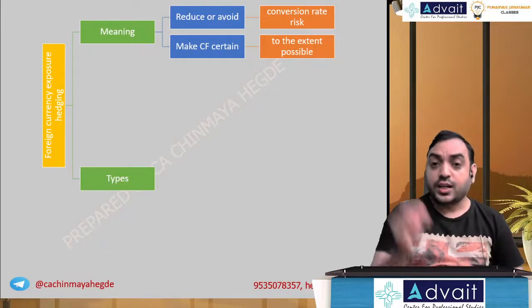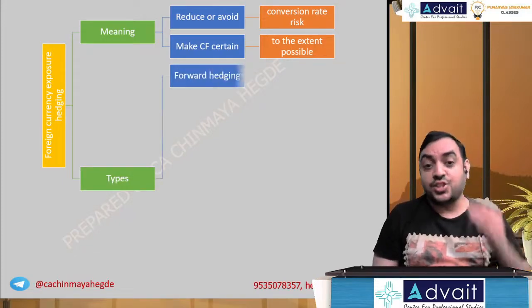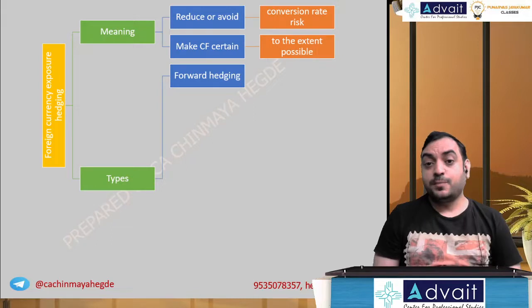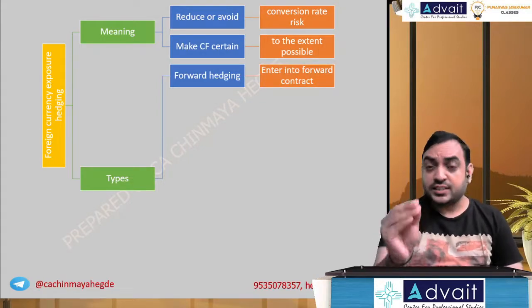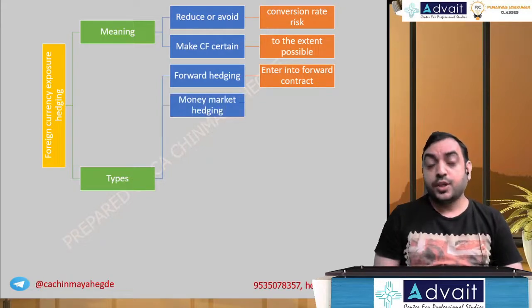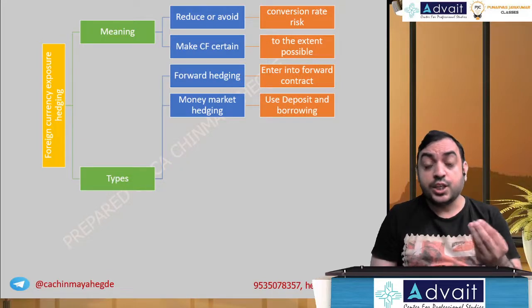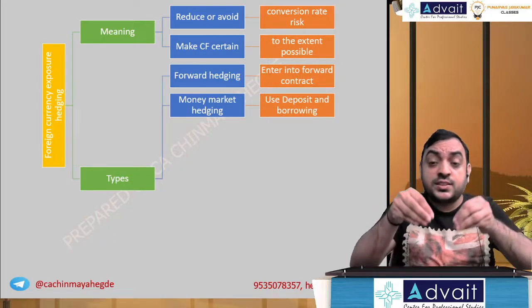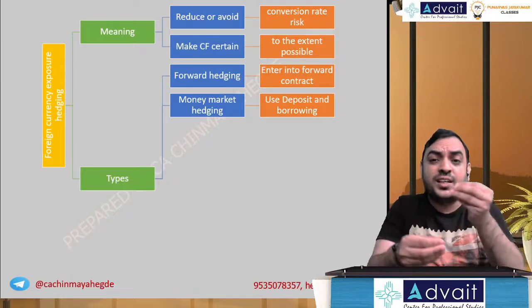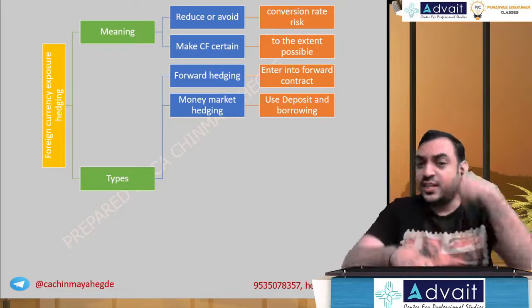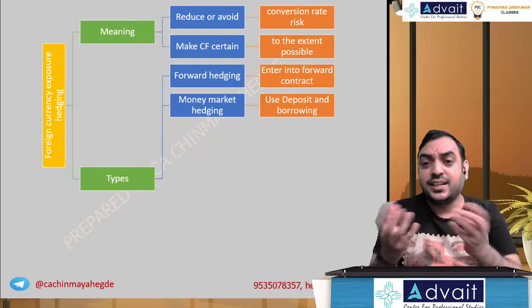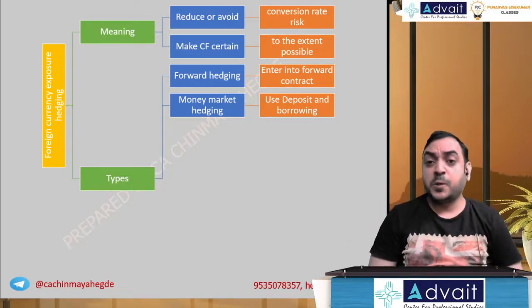Okay, now coming to the types. What are the hedging mechanisms possible? We have forward hedging, where we enter into a forward contract, simplest of all. We have money market hedging, using operations in the money market, which means deposit in dollars, deposit in rupees, or borrowing in rupees, deposit in dollars, a mixture of deposits and borrowing.